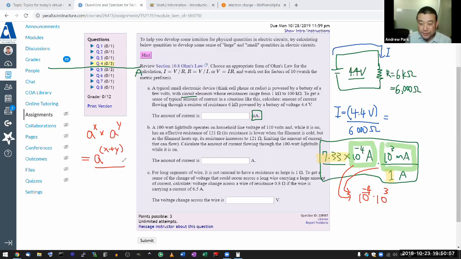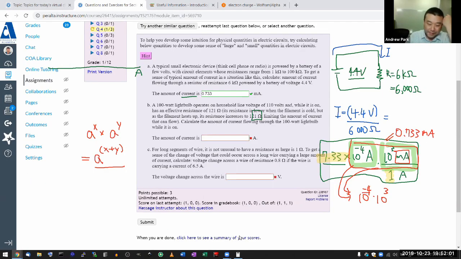Then I have 7.33 times all these powers of 10. So let me simplify this first. All these powers of 10 become 10 to minus 1. So multiply that with 7.33, I get 0.733 milliampere. So that should be the amount of current.